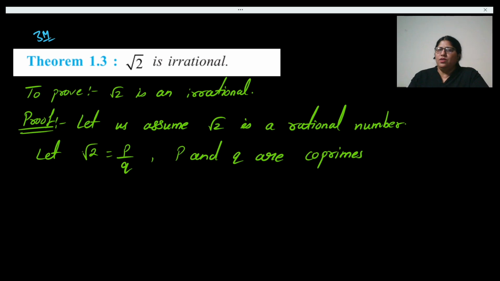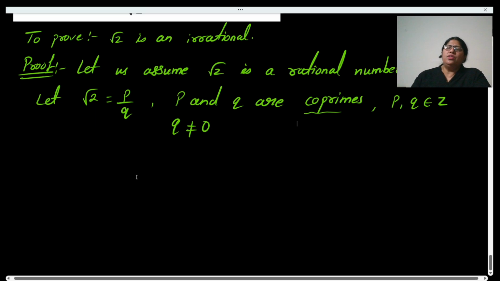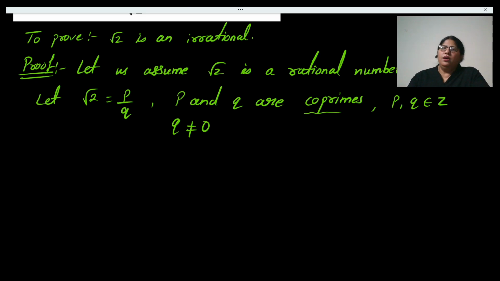Because p and q are integers, and q can never be equal to 0. Here we will prove that they are not co-prime, because we have assumed they are, and we will contradict our assumption. So how can we do it here?